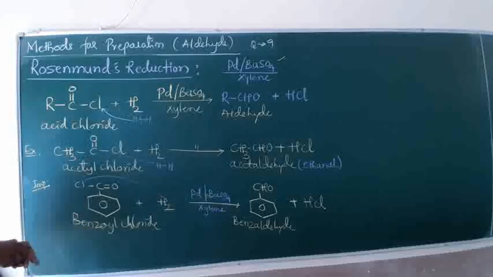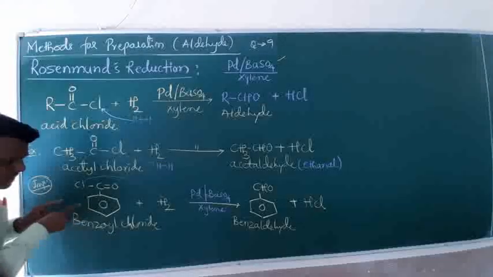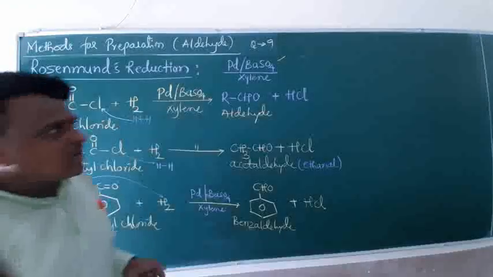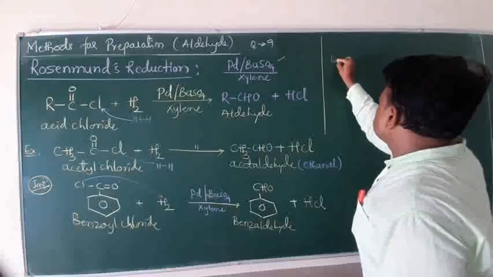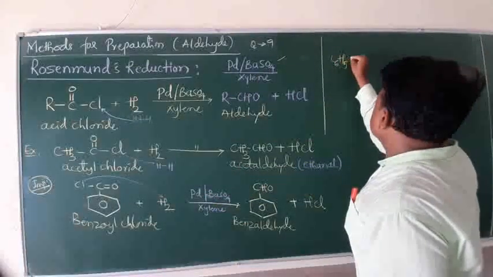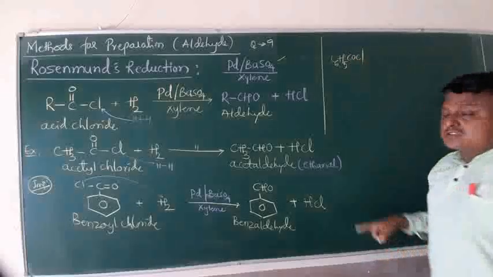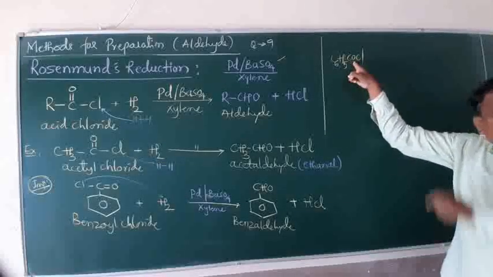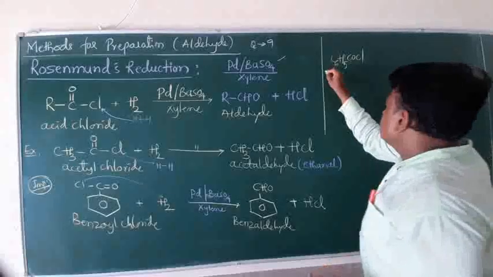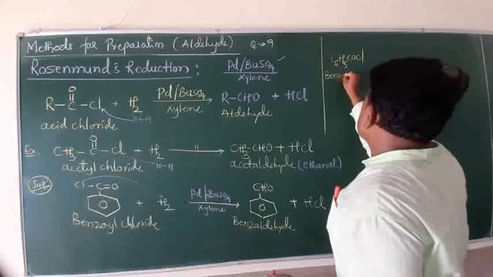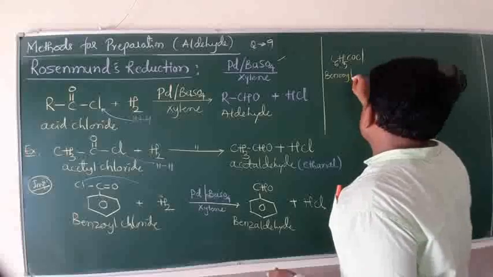By using different compounds, as mentioned in our syllabus, the same question can be asked like this. This is also important, friends. Keep in your mind C6H5COCl. Don't bother, this is 7 carbon atoms; we don't call it heptanoyl, it is aromatic. The name of this compound is benzoyl chloride.